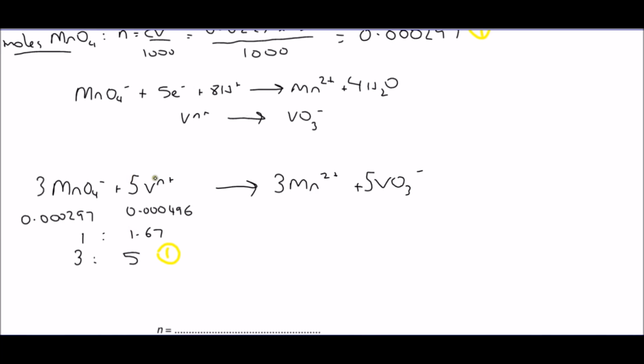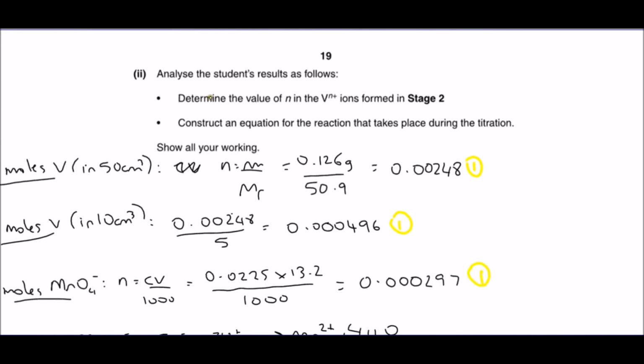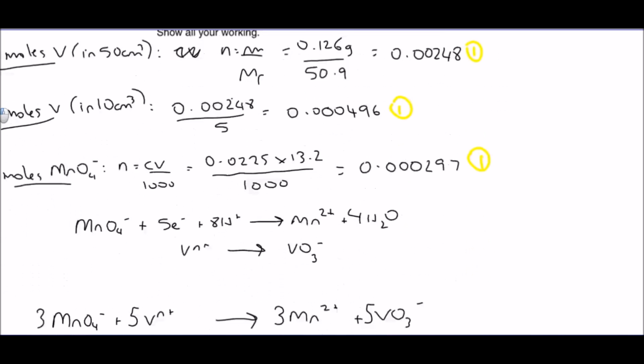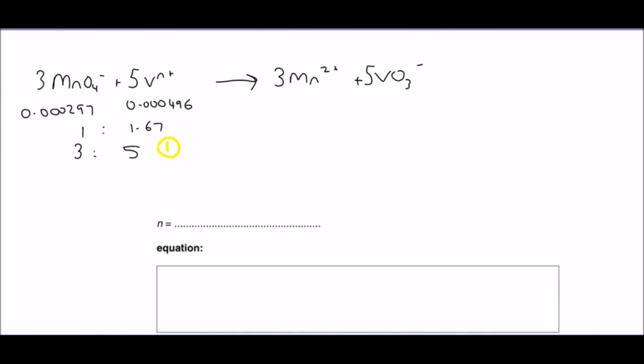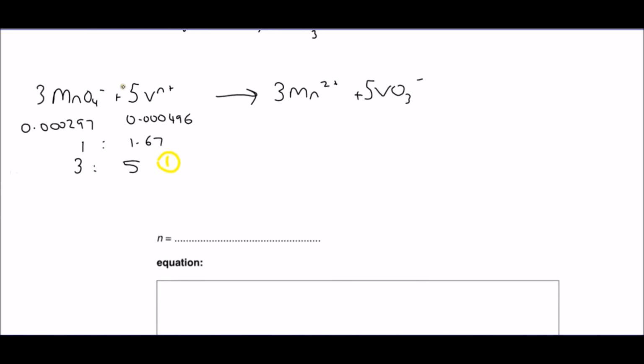Next I'm going to look at what is n, because if we look at those bullet points, we've got to determine the value of n. So let's go back down to that equation again. Now we know that if we are reacting manganate, then what's happening to the manganate is we're going from +7 to +2, okay?